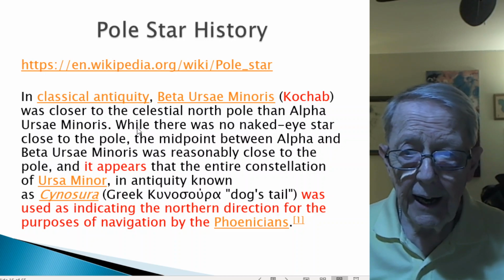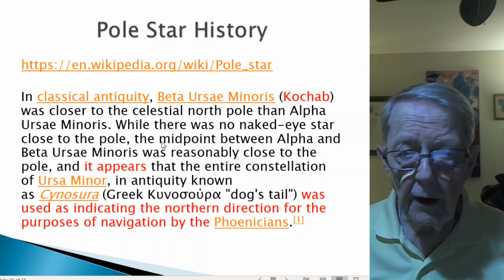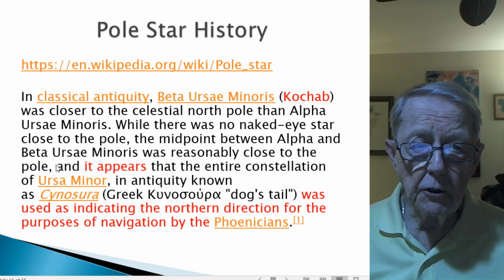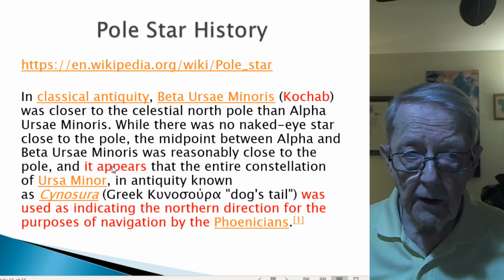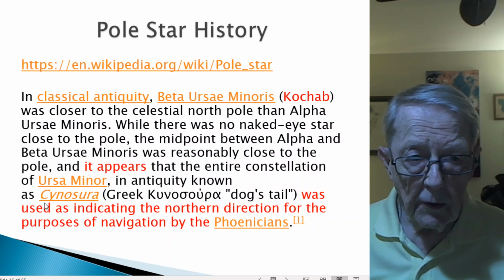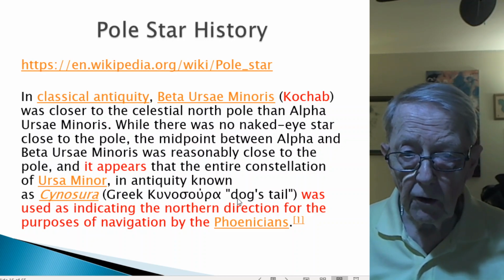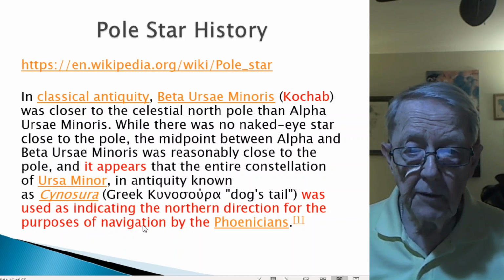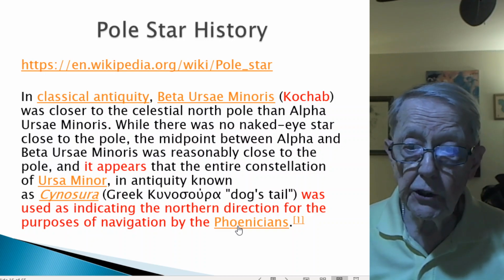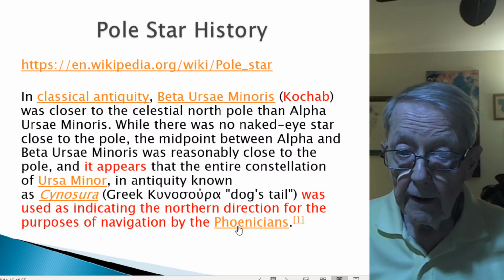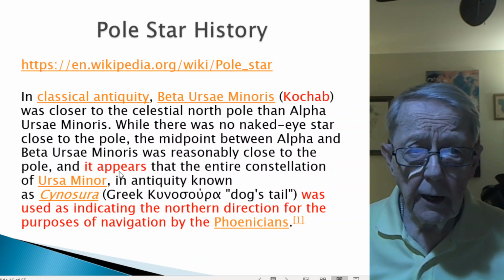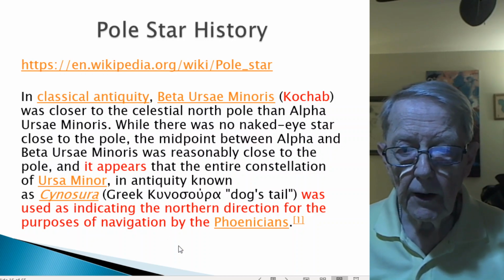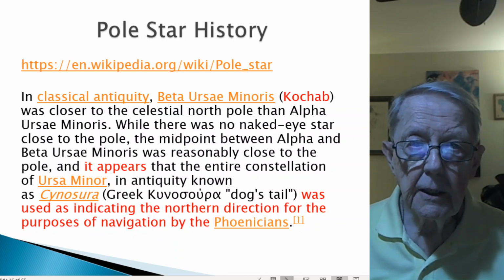While there was no naked eye star close to the pole, the midpoint between Alpha and Beta Ursae Minoris was reasonably close to the pole, and it appears that the entire constellation in antiquity, known as Cynosura, Greek for dog's tail, was used as indicating the northern direction for the purposes of navigation by the Phoenicians. By the way, they invented the alphabet. Anyway, it appears that this was used. Well, that didn't sound very convincing, so I went on.